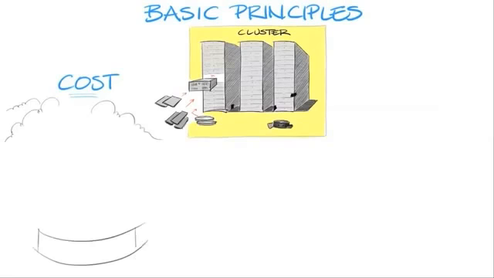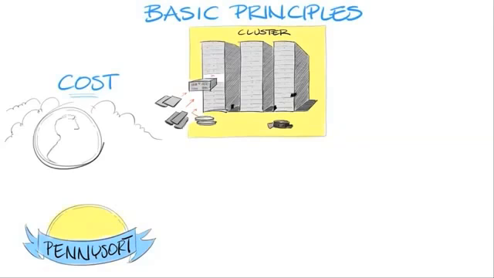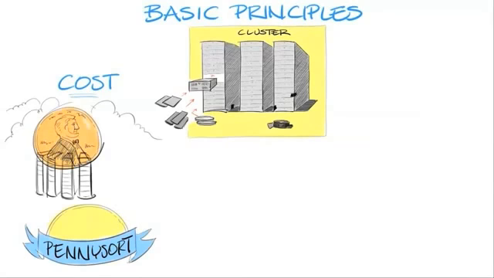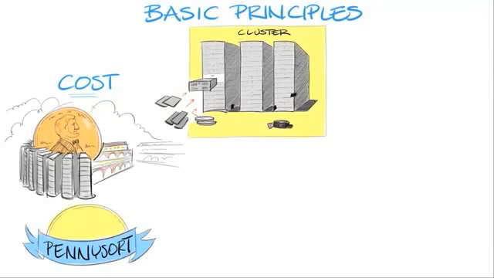economics of the cloud. Now, here's a metric for you. Penny sort. Penny sort is a sort benchmark that measures the amount of data that can be sorted for, well, you guessed it, a penny's worth of system time. According to Sort Benchmark, in 2011, the University of Padova in Italy set the penny sort record at 334 gigabytes.